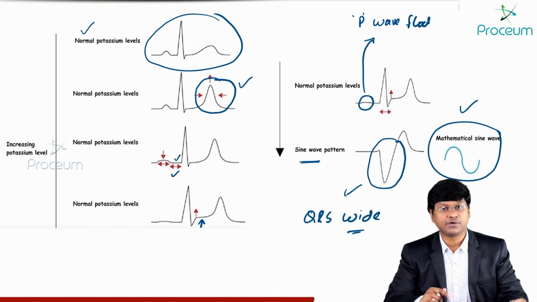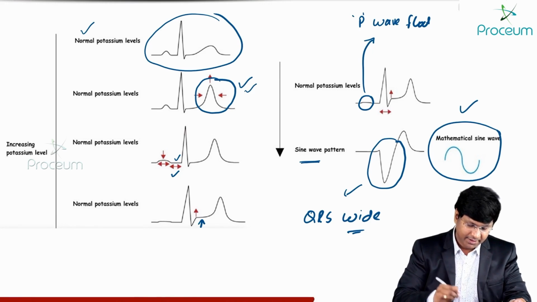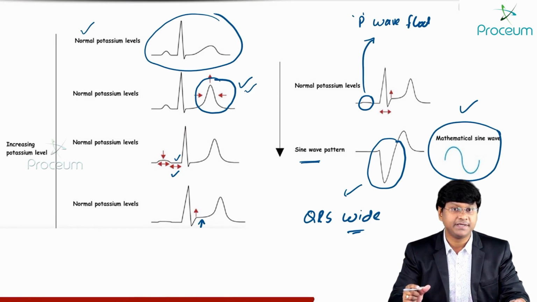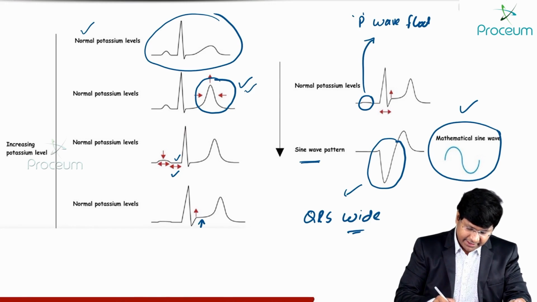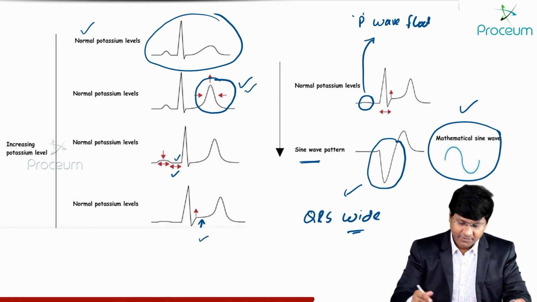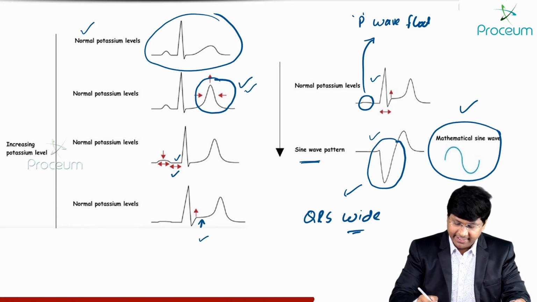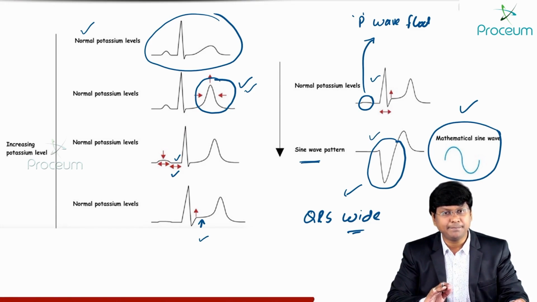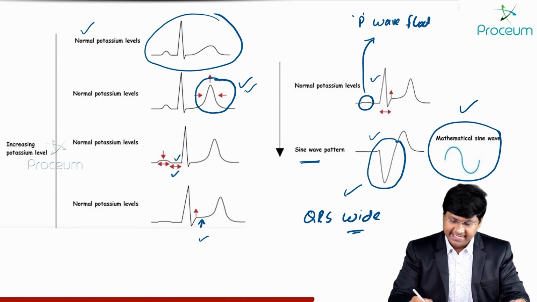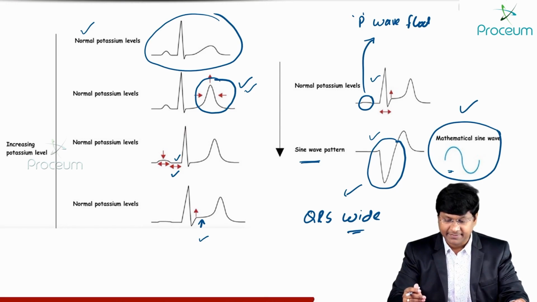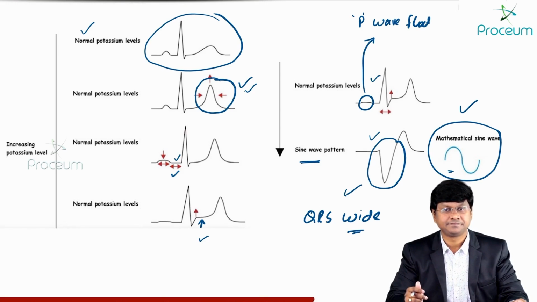Number one, appearance of tall tented T waves. Number two, lengthening of the PR segment. Number three, ST segment elevation. Number four, flattening of the P wave. Number five, wide QRS complex and complete disappearance of your P wave. So this QRS complex with the absent P wave appears like a mathematical sine wave.